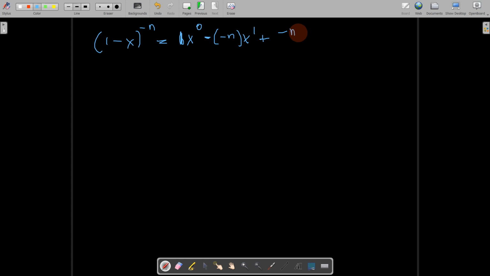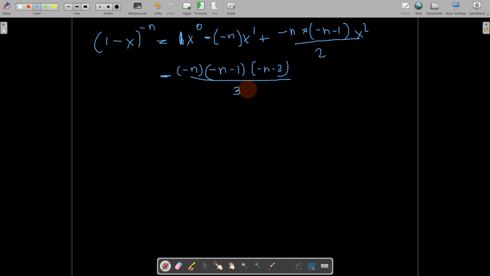minus n into minus n minus 1 by 2 x power 2, then minus, and n choose 3 can be written as minus n into minus n minus 1 into minus n minus 2 by 3 factorial x to the power 3 plus so on. For the rth term, it would become minus 1 power r. Now n choose r, how can you write it as r consecutive decreasing numbers starting from n?